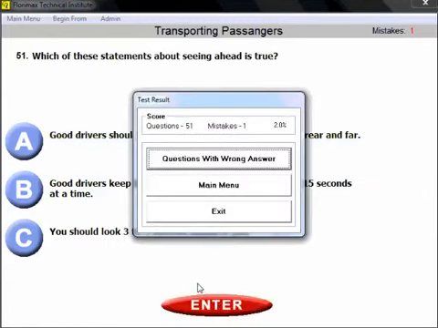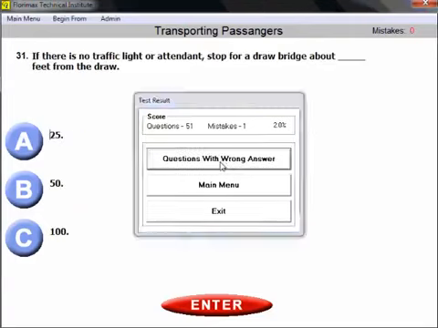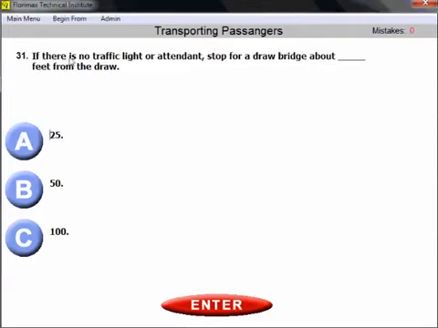And now we have 51 questions completed. One mistake, that's exactly where I say let's try to repeat these questions and see what I did wrong. Question with the wrong answer. Click on it and read it again. If there is no traffic light or attendant, stop for a drawbridge. About how many feet from the drawbridge?